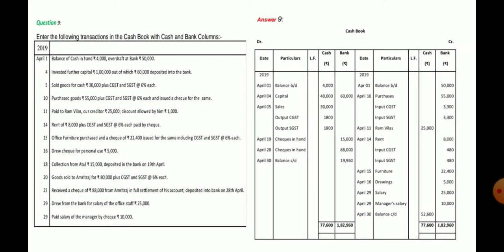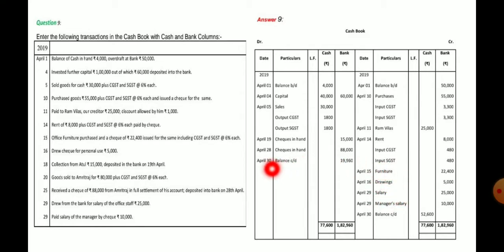After recording all the transactions, we have to total the columns of cash and bank separately. So the cash column on the debit side and the cash column on the credit side will be totaled, and the remaining balance will be written on the side where the amount is less.